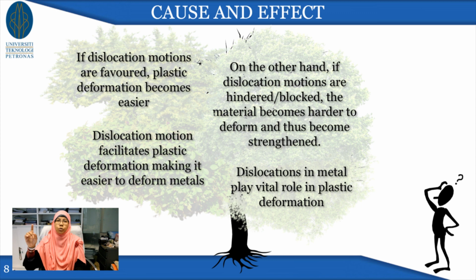And you can also reverse the effect: if you want to strengthen a material, you think about stopping or blocking the motion. Dislocation motion is the keyword. If you make it easy to happen, it's easy to deform. If you make it difficult to happen, you strengthen the material. That is your job as an engineer, whether you want to make it easy to deform or strengthened.